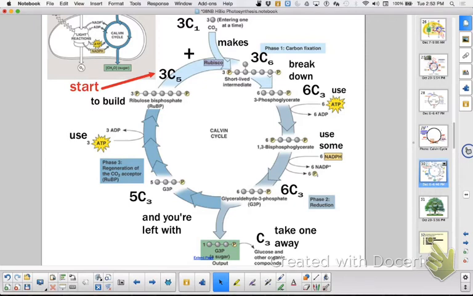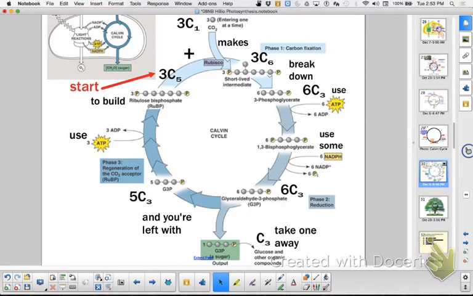Here comes the sun, traveling in waves. Particles of light are called photons. And it gets the electrons excited. Who catches it? NADP, forming reduced NADP. Then you take some ATP and some reduced NADP to the dark reaction, or the Calvin cycle, or the light-independent reaction. You ready?